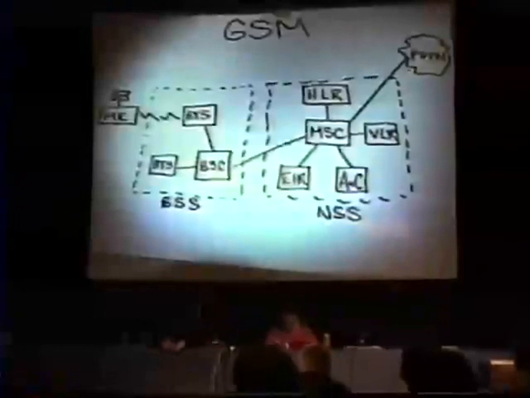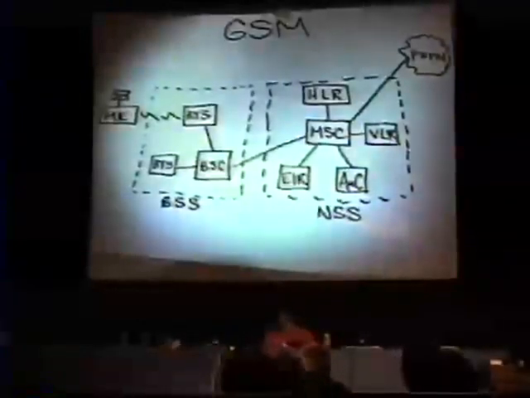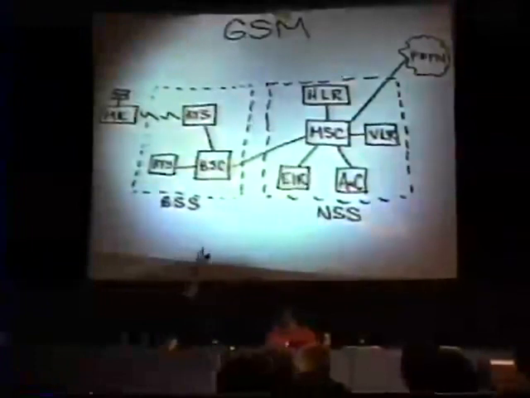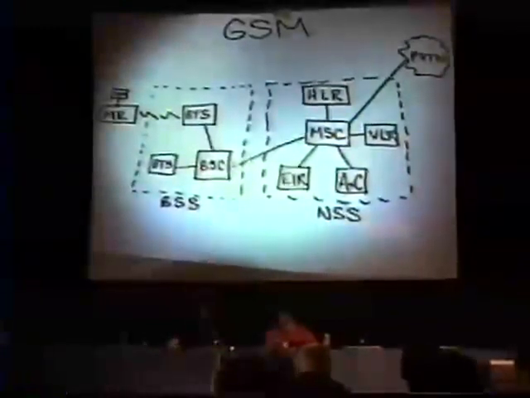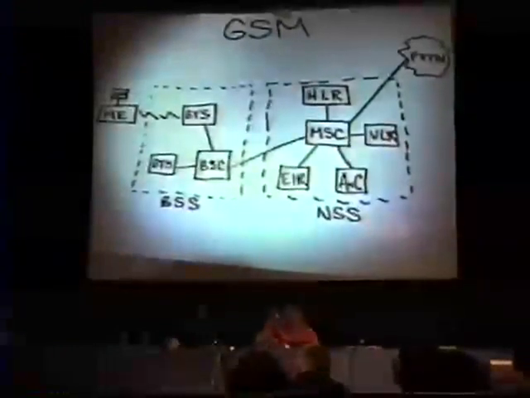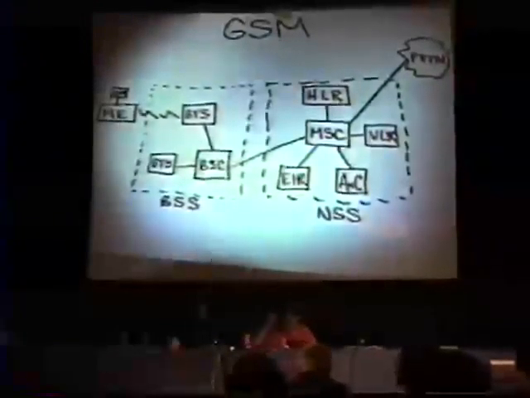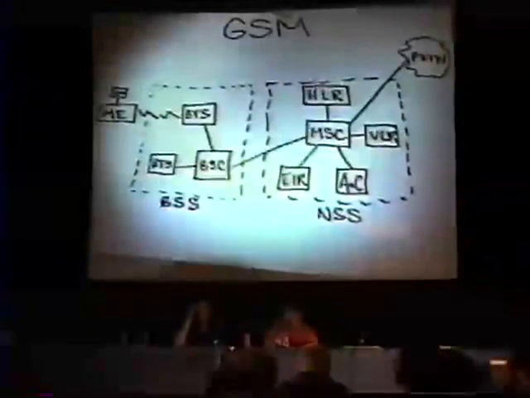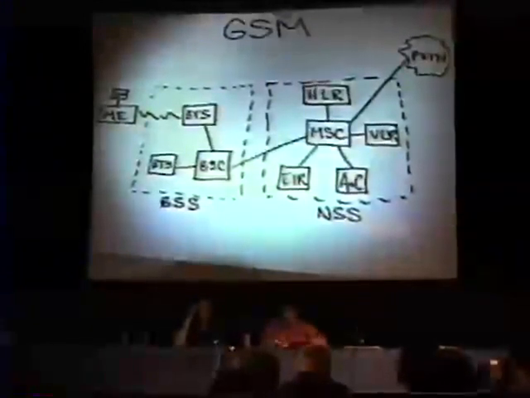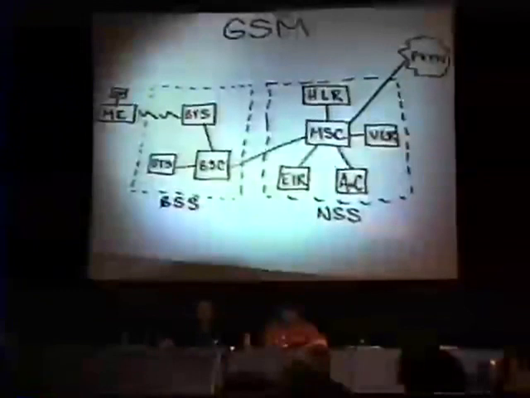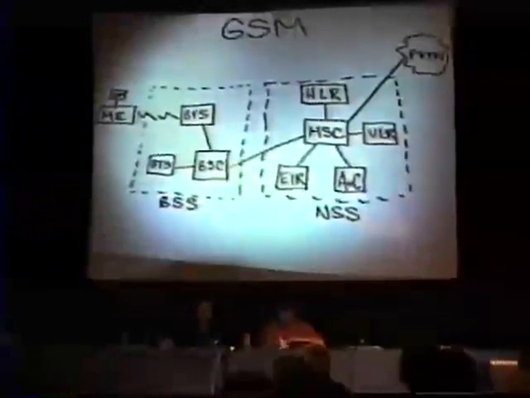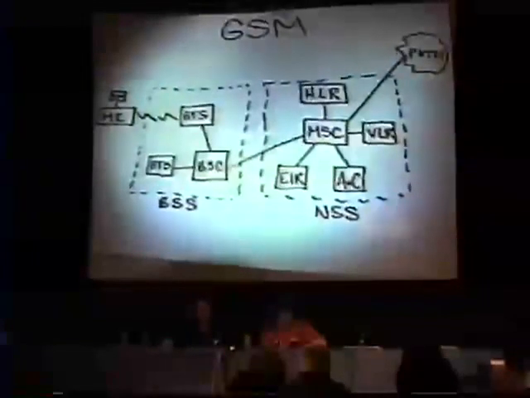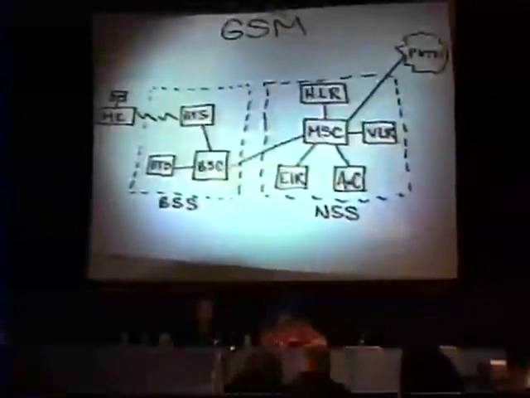Now, when you make a call with your handset, your mobile equipment, you go over the airwaves to the nearest cell site, which in GSM nomenclature is known as a base transceiver station, your BTS. BTSs are normally located on the roofs of apartment buildings. They're connected over leased lines, T1s for example, to the nearest base station controller, the BSC.